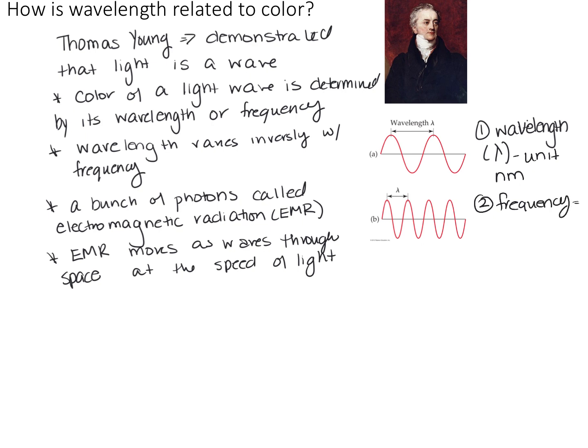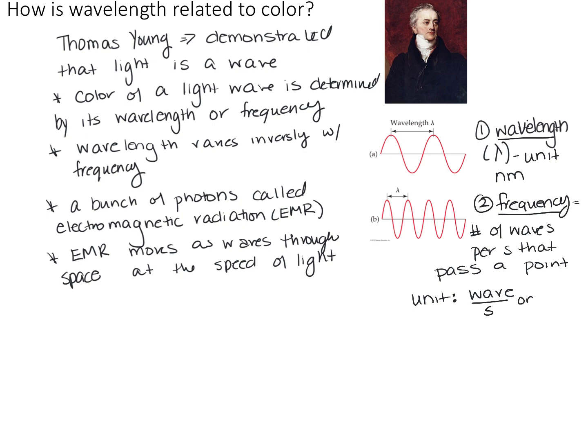Then the second thing we have is frequency, right? And frequency is the number of waves per second that pass a point, right? And this unit is going to be in waves per second, or 1/seconds, or hertz, okay?